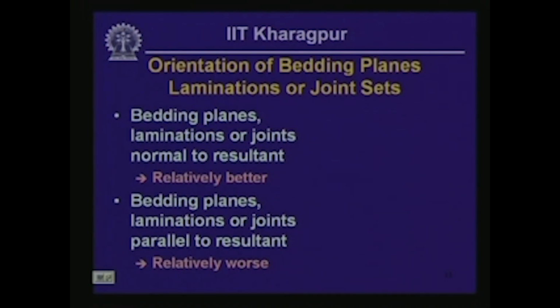So if you have got bedding planes or laminations or joints which are normal to the resultant, we are going to have a situation which is relatively better. If on the other hand the bedding planes or laminations or joints are parallel to the resultant, we are relatively worse off. And why is that so?